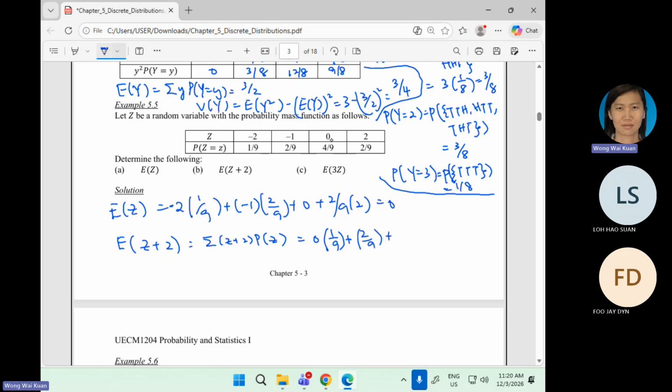Then 0 plus 2 becomes 2, times 4 over 9. And 2 plus 2 is 4, times 4 over 9. Then we get 2 times 4 is 8, 4 times 4 is 16, 16 plus 8 is 24, plus 2.